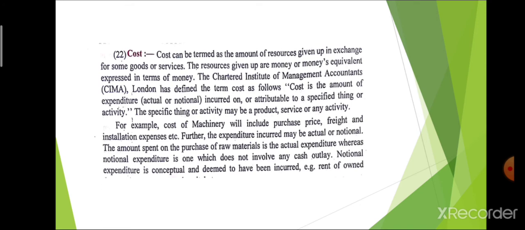It means that the total cost is rupees 2,20,000. After that, we want to sell that product or machinery. So first of all, we will have to purchase and we will have to incur some expenses. So the cost including the purchase and expenses is considered as cost.